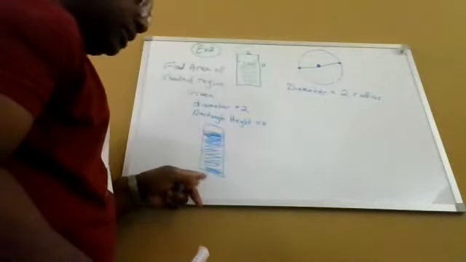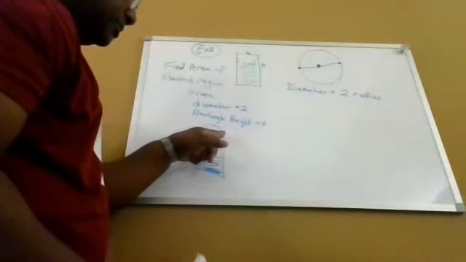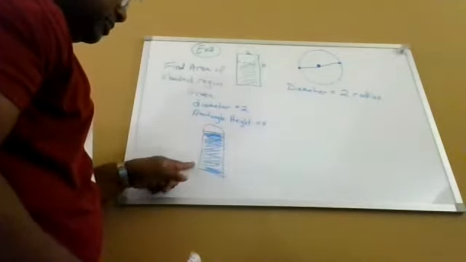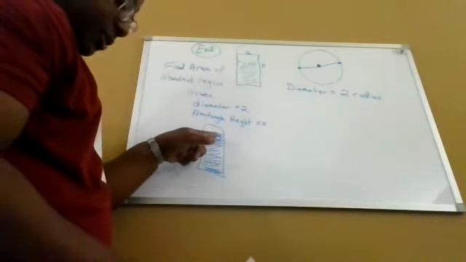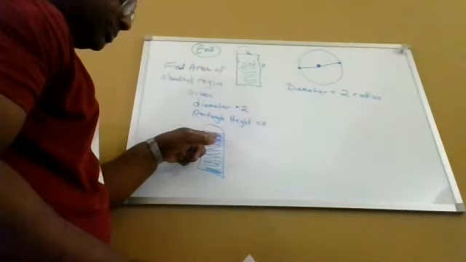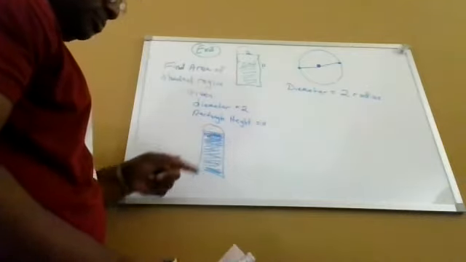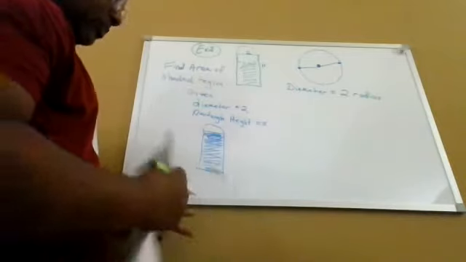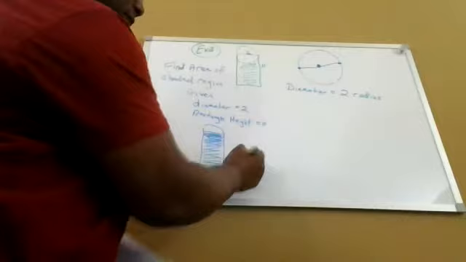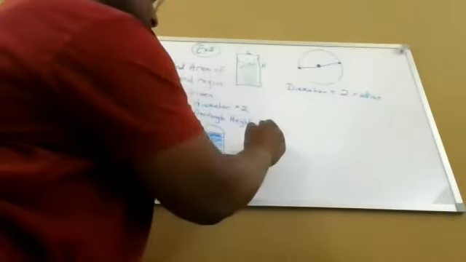This picture right here represents this entire rectangle. And notice that that whole rectangle takes up half of the circle. So what we actually need is this.